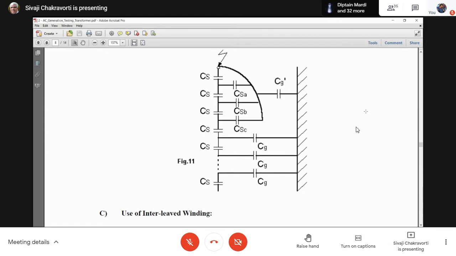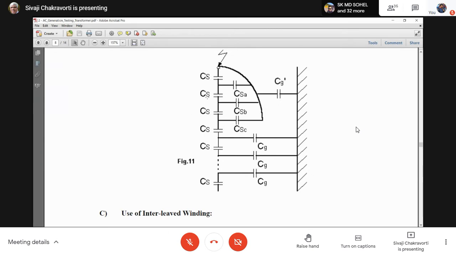Second, CS and CSA, you can see, are in parallel. And they are all with respect to the high voltage terminal, not with respect to earth. So they are actually the series capacitance. When they are in parallel, their capacitances are added. So the CS increases. And as I have told you earlier, if this ratio CG by CS is lower, it always helps in linearization.